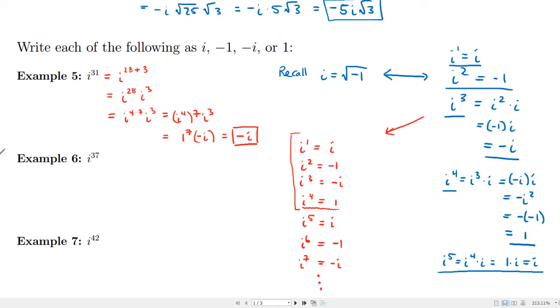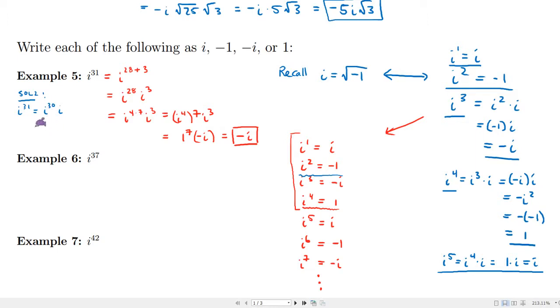Let me show you another way to do that one, just so maybe you'll think this way is a little bit easier, actually. You know what? Let me switch to a different color here. So let's switch to a blue. Okay, so here's solution 2. I to the 31. I could also use the fact that I squared is -1. All right, maybe this will be easier for you. So I to the 31, do we agree that that's I to the 30 times I, right?